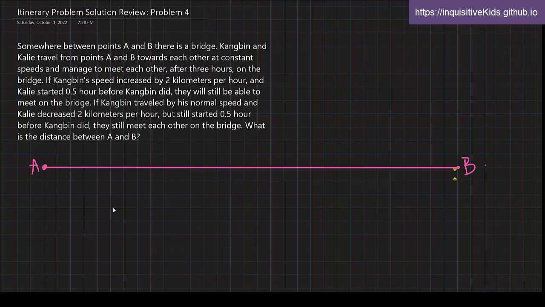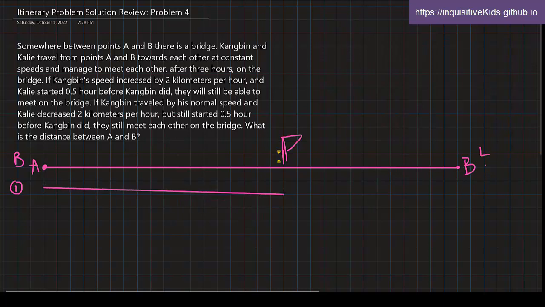We're given two different scenarios in the problem, but what's really going on is three different scenarios. Our first one, I'm going to write 1 here, is when they go at their normal speeds. So Kangbin, B, is here, Kalie, L, is here. They go towards each other, and say this is the meeting point that they always have.